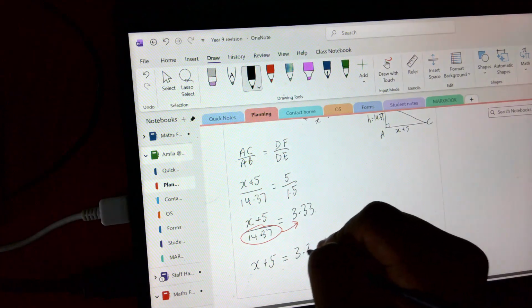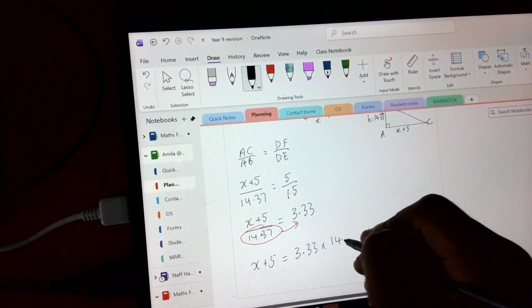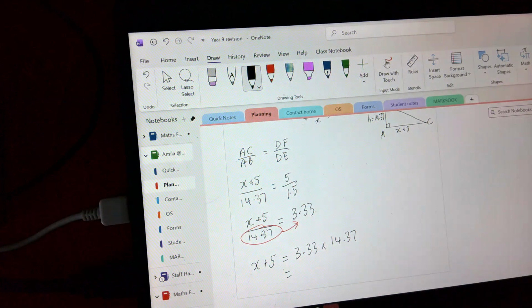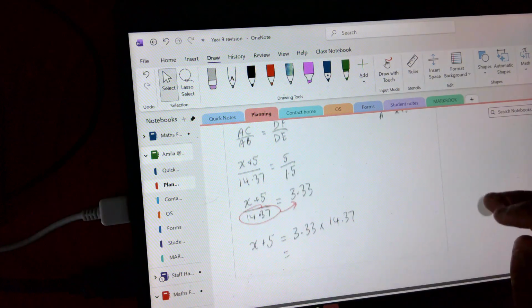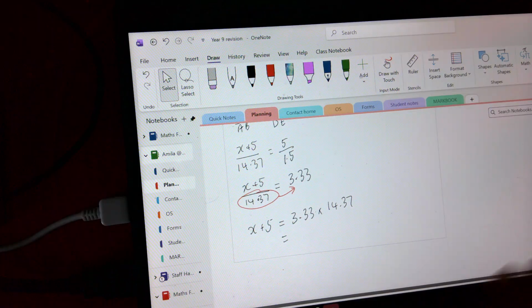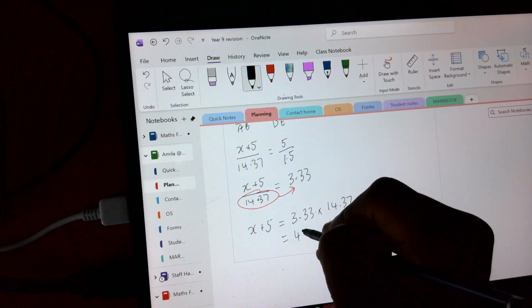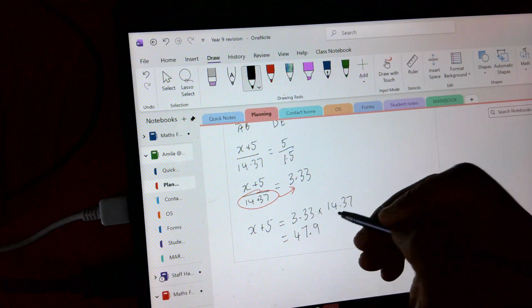So now I'm going to have 3.33 times 14.37, which gives me 47.9.